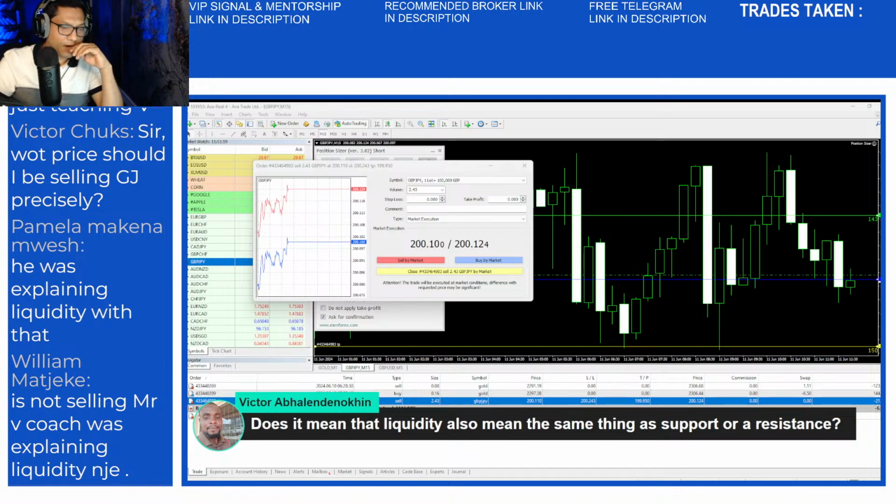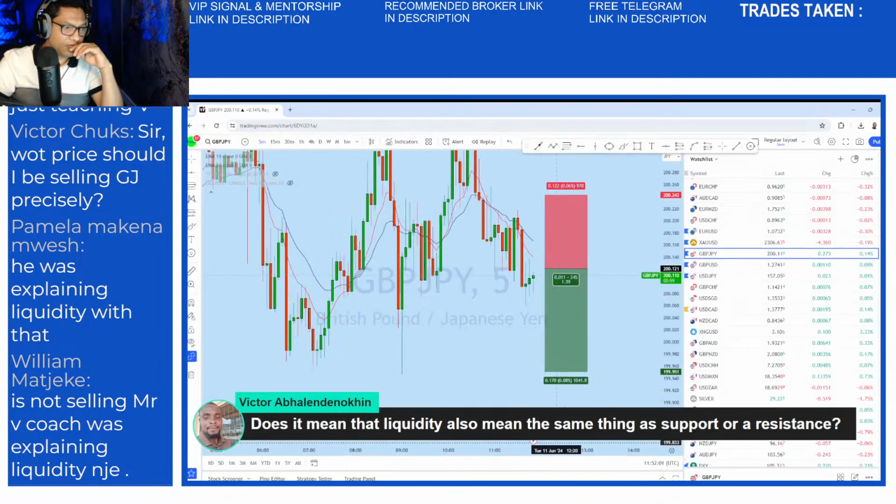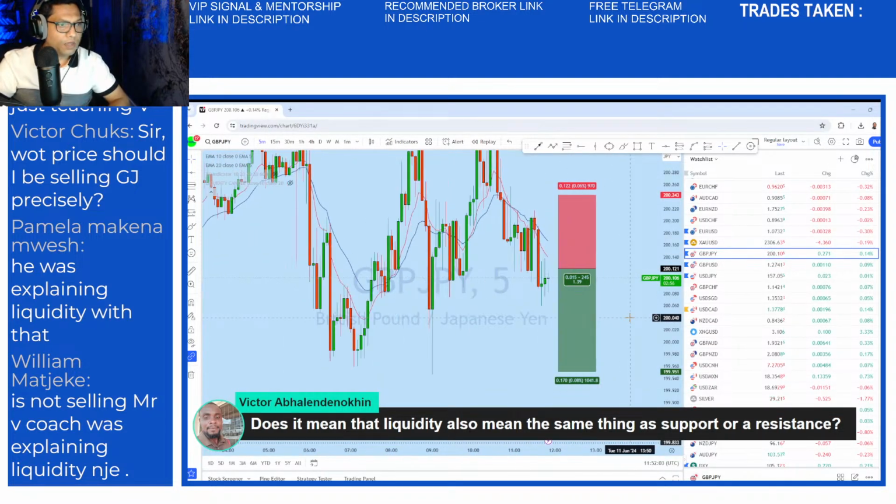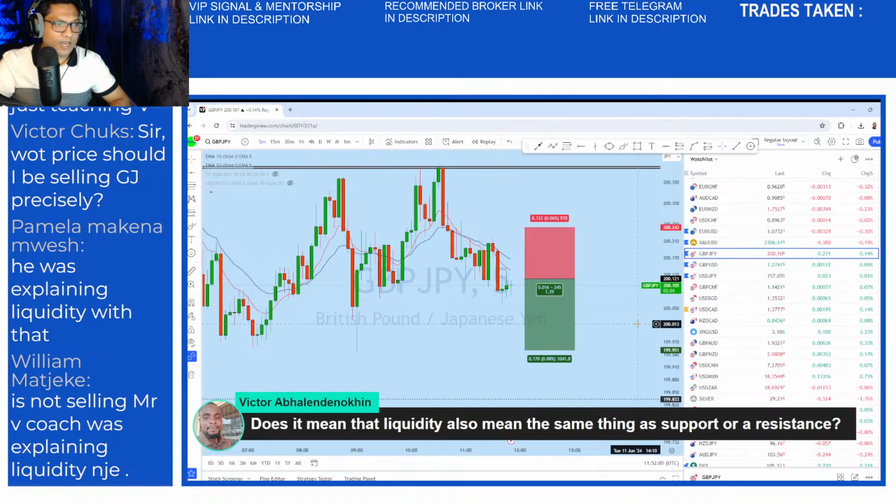So the most important part here is to see that the market managed to break below. I'll be explaining the strategy. So make sure that you are not leaving the stream with just a little profit or loss.